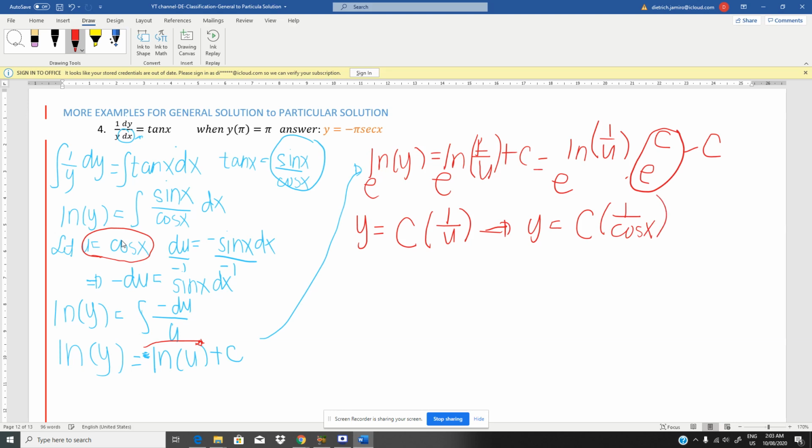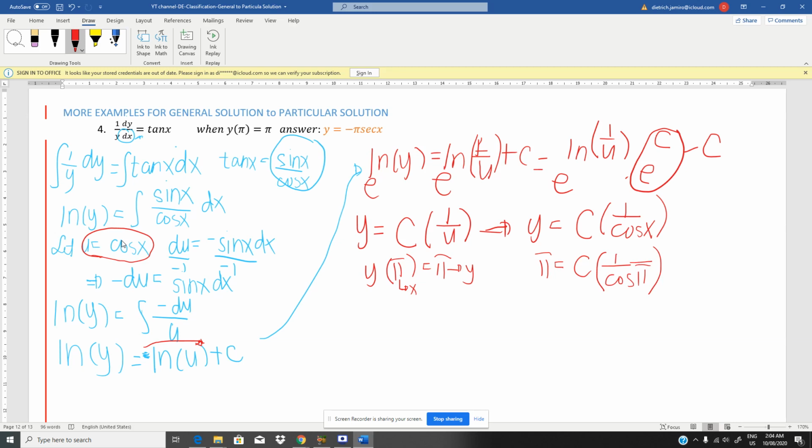And now we will substitute our given initial conditions. Our initial condition is y of pi is equal to pi. So I'll substitute pi for x, and then pi for y. So we will have pi is equal to c times 1 over cosine of pi.